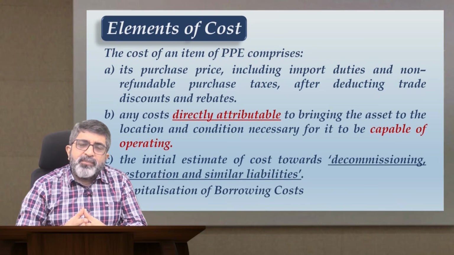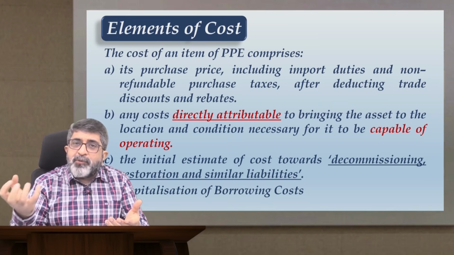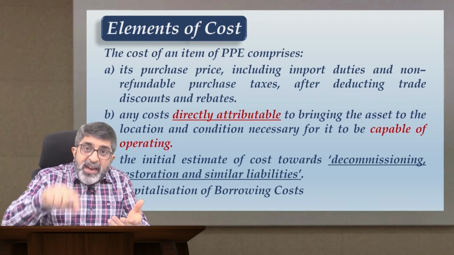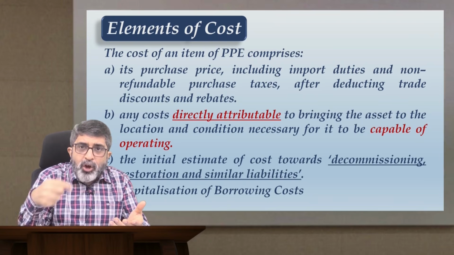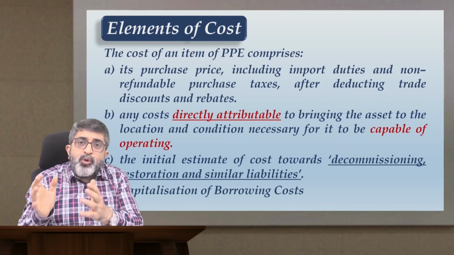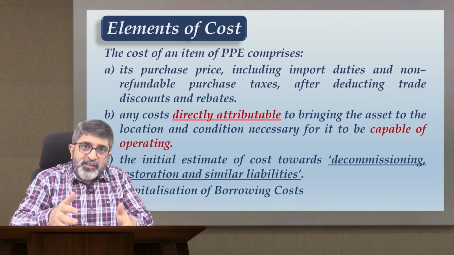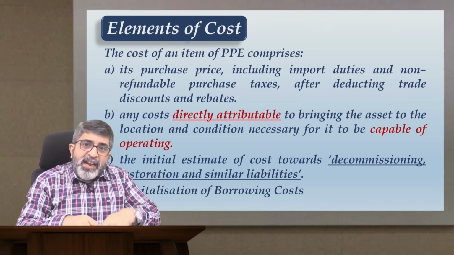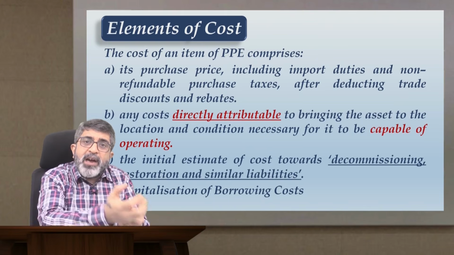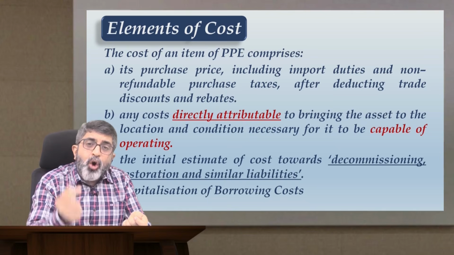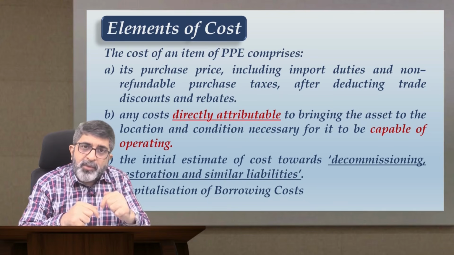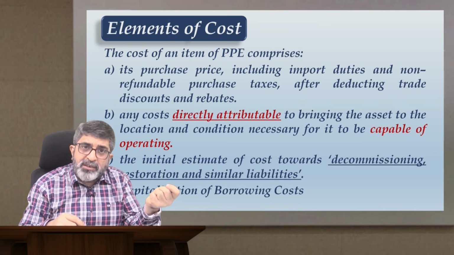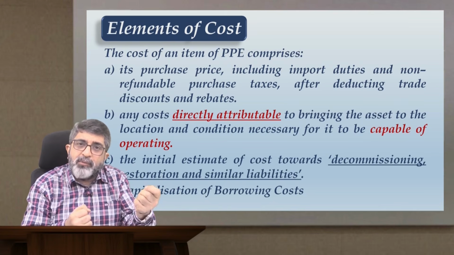So basically, if I have purchased an item of asset and I have paid GST or VAT on that, and if I am using it in my business, that business generates revenue for me, and on that revenue I have to collect GST or VAT from the customer, then I will have a tax payable to the government, correct? I will collect and pay it to government.